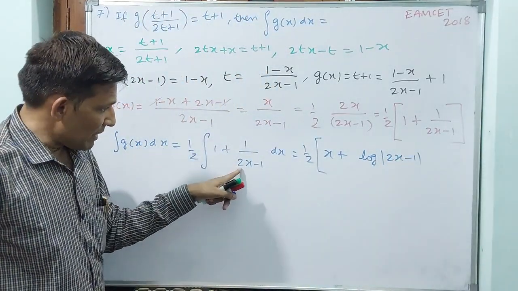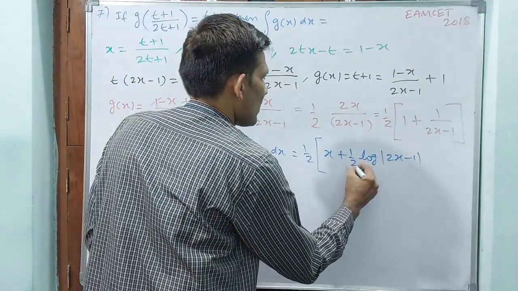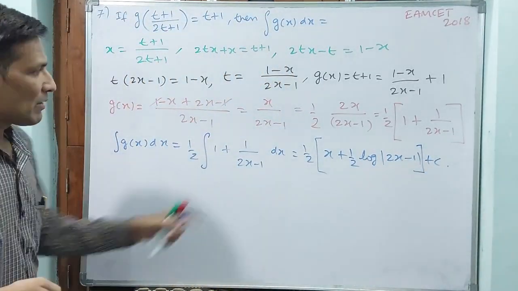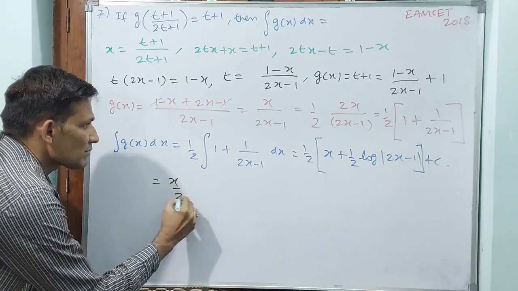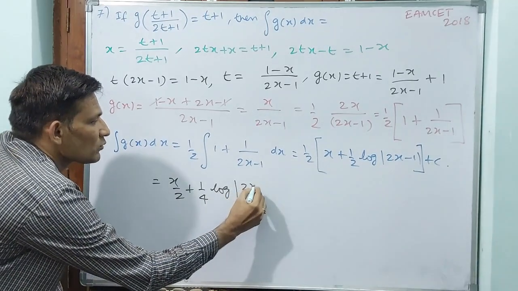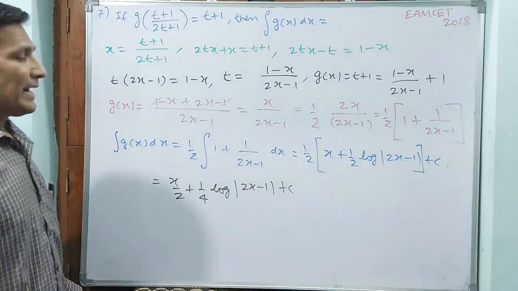Over, why? Because here multiplication by 2 is there, that means you divide by 2, that means 1 by 2. Then close and put c. Now this 1 by 2 you send inside. If you send inside, finally what will happen? x by 2 plus 1 by 4 log of modulus 2x minus 1 plus c. Okay, this is the final answer.